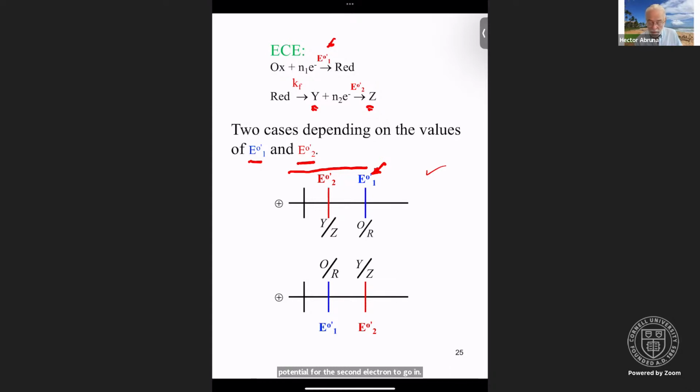And so one can assume that the moment you generate any Y, it rapidly gets converted to Z. On the other hand, if E0 prime 2 is more, let's say, negative than E0 prime 1, then we can go from OX to Red, Red to Y, but in order to go to Z, we need to scan the potential further to the right. And as we'll see later on, these are very, very different profiles in terms of the voltammetric response.